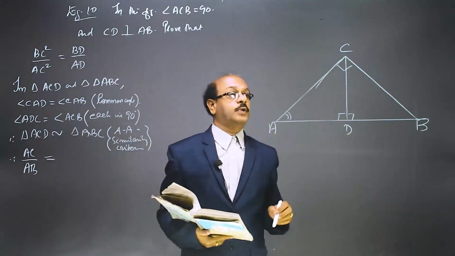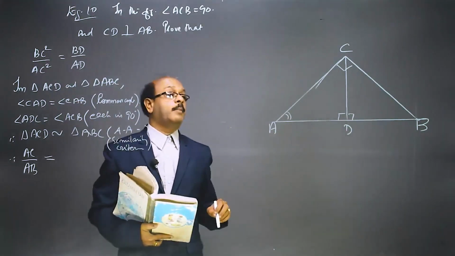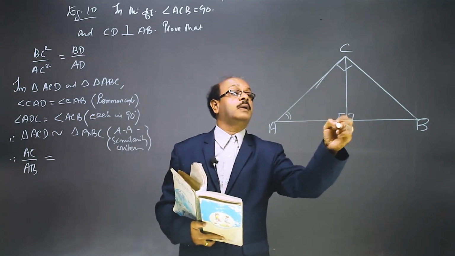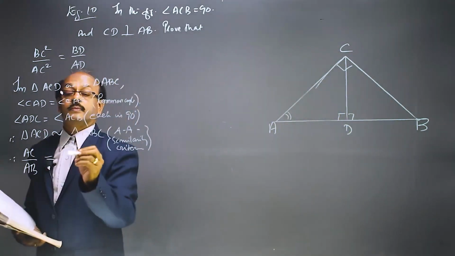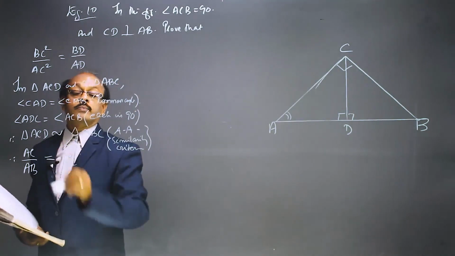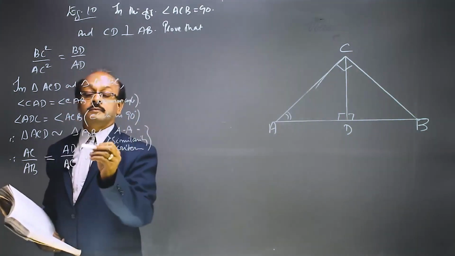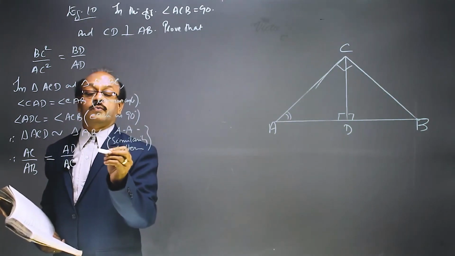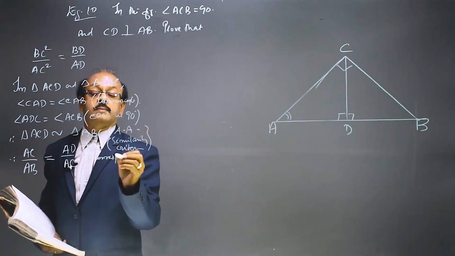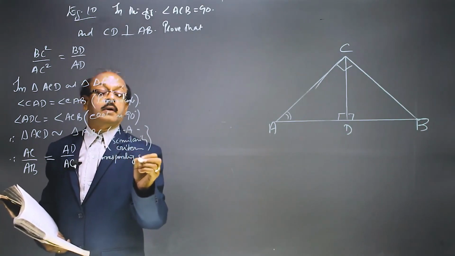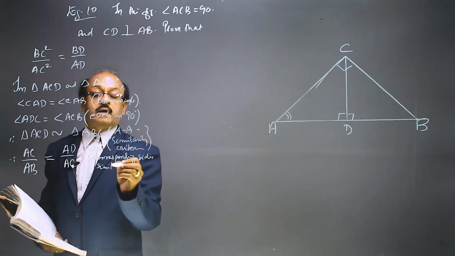This ratio is equal to AD by AC. Reason: ratio of corresponding sides of similar triangles.